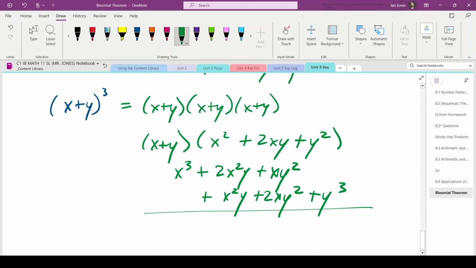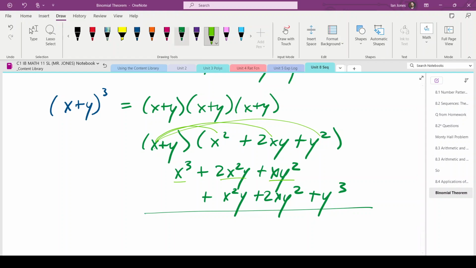Now notice when I did this, I lined up my like terms. These are like terms, these are like terms. That makes it easier for me to add my like terms, right? So when I took my x and multiplied it by my x squared, I put that here. X times 2xy, I moved over 1. X times y squared, I moved over 1.